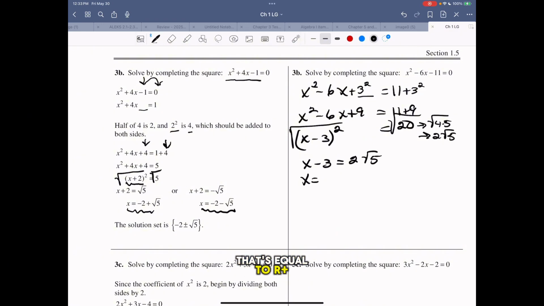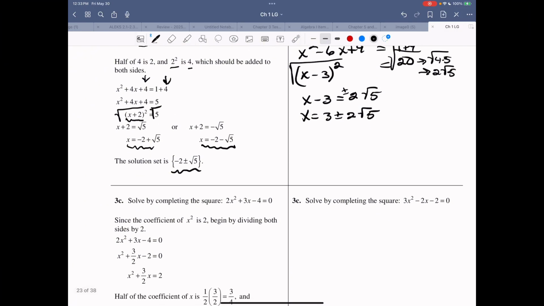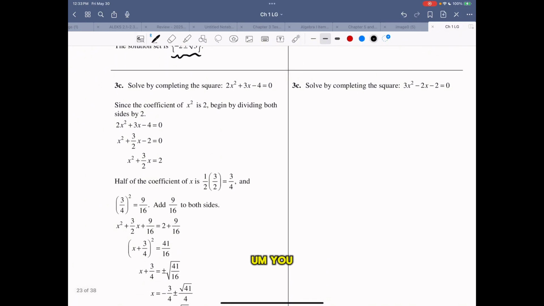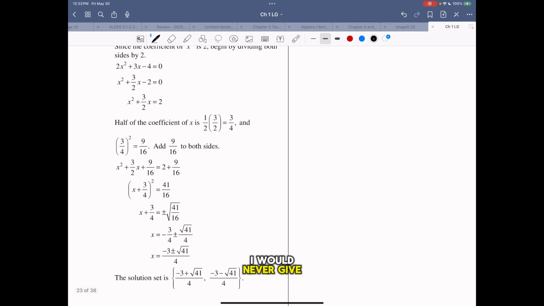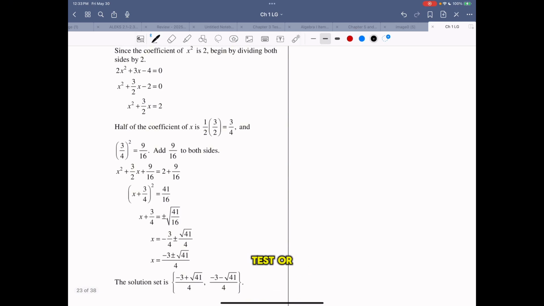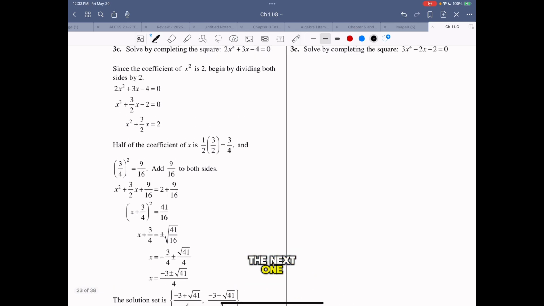X is equal to, and it's plus or minus. So x equals 3 plus or minus 2 square root 5. So I kind of did it all in one step. You can practice this one. I would never give you one that looks like that on a test or anything, but you can practice the next one.